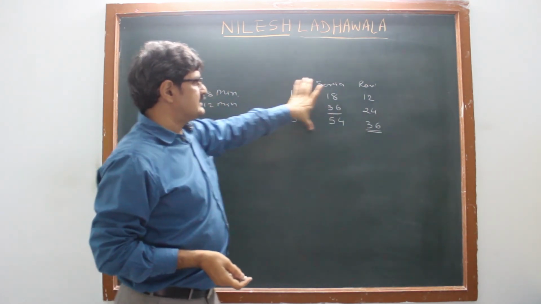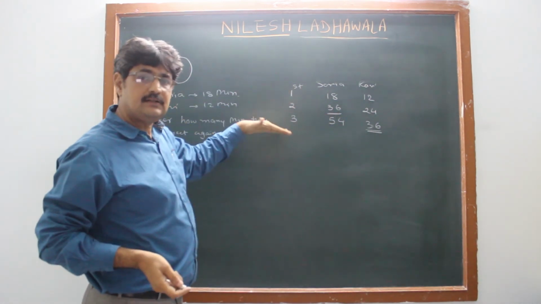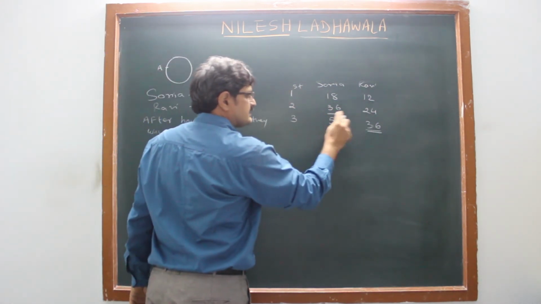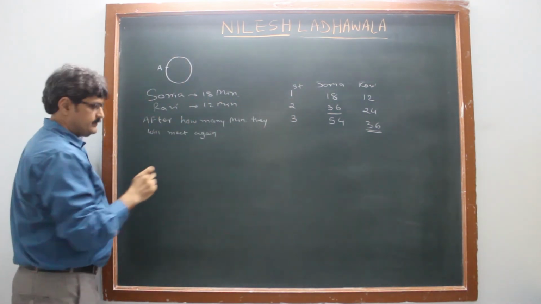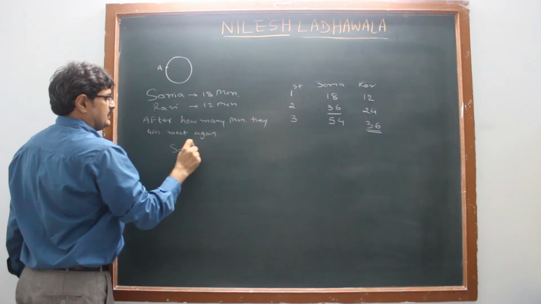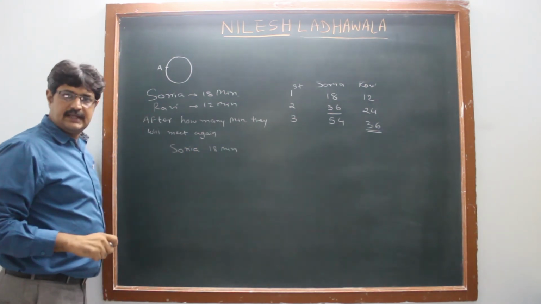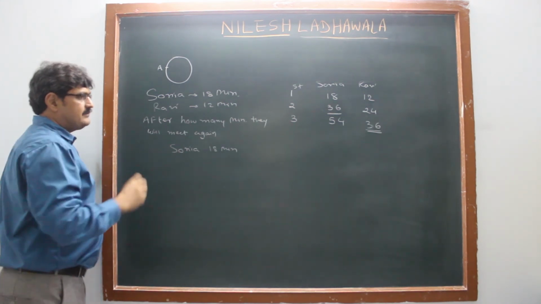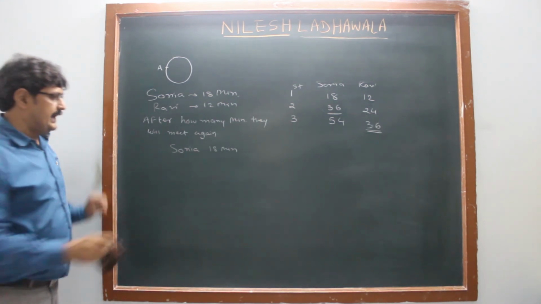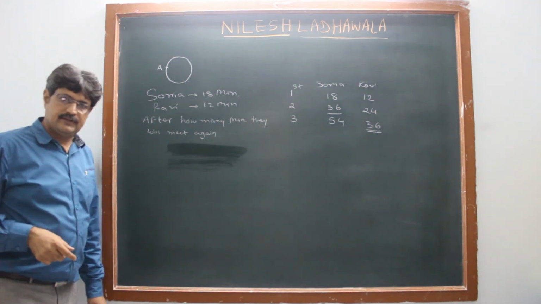This is just our logic. But what we have done here, we have just found the least common multiple. So I will do it the same here. Sonia has taken 18 minutes and Ravi has taken 12 minutes. So first, I will find the LCM of it.